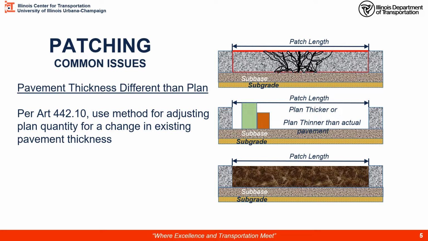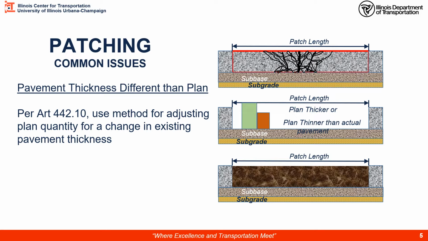That's most typical. One of the most common issues we find in patching is when the pavement thickness is different than plan. So if our plan thickness is thicker or greater than our existing, we have to account for that change. On the other side, if our plan thickness is thinner than the actual pavement or our existing is greater than the plan, we need a mechanism to adjust payment to the contractor.